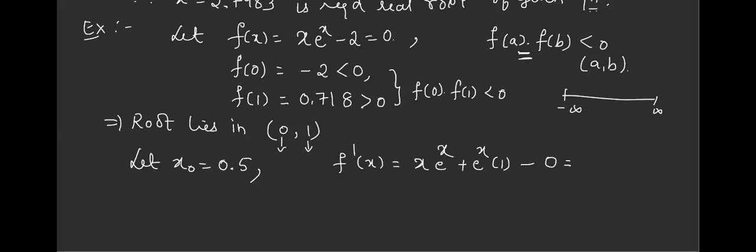So you can write this as e raised to x into (1 plus x). This is better. When you do the calculation, add 1 plus x first, and then take e raised to the power of x.